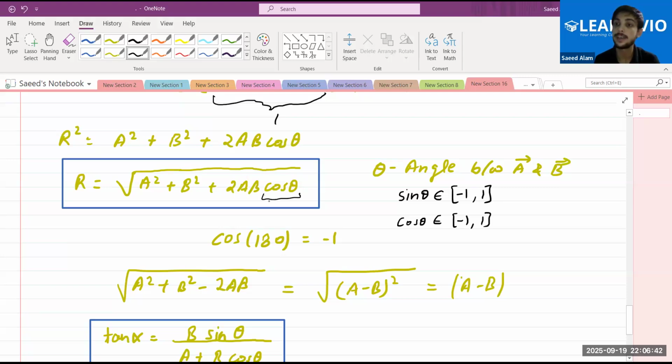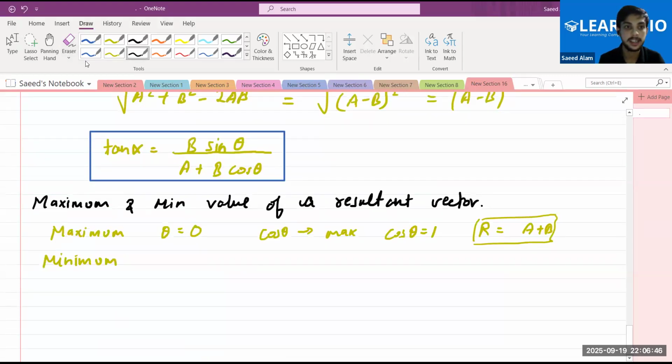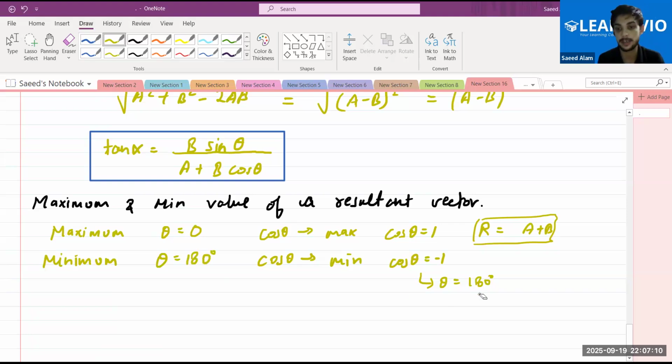So I'm taking cos theta to be minimum, and that cos theta is equal to -1. If cos theta is equal to -1, what is theta equal to? 180. We had just seen above. So theta equals 180 degrees for the minimum one. Is this clear to you?